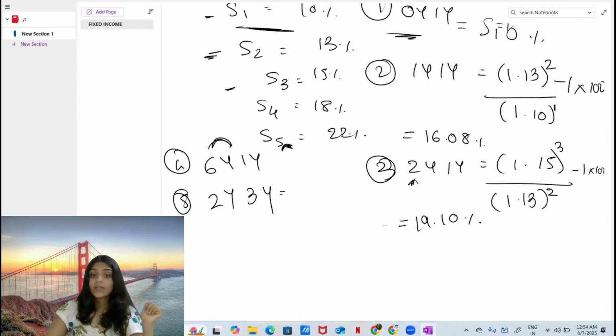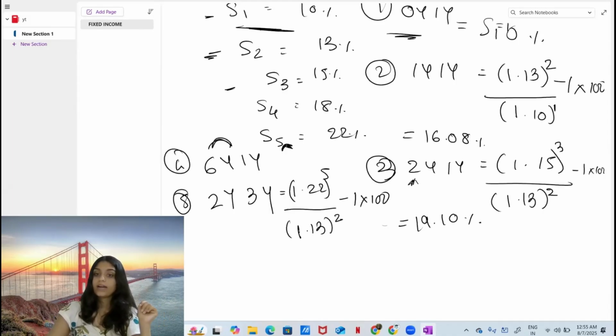Next, 5. Suppose you have to calculate 2y, 3y. So how will you calculate? 2 plus 3, 5, correct? So the fifth year spot rate, that is 1.22 raised to 5, divided by the second year spot rate, 1.13 raised to 2, minus 1 into 100. Now, what is the trick here?